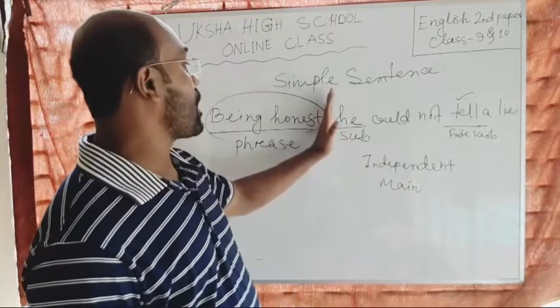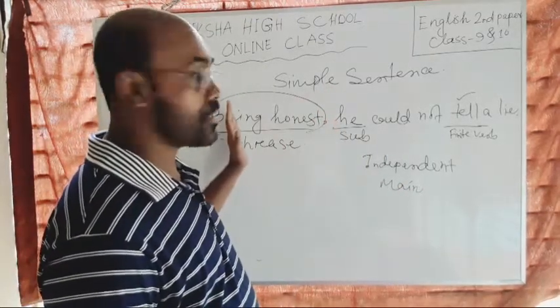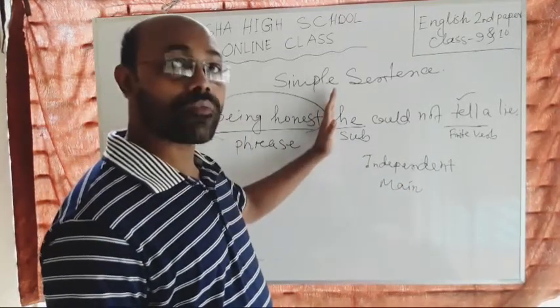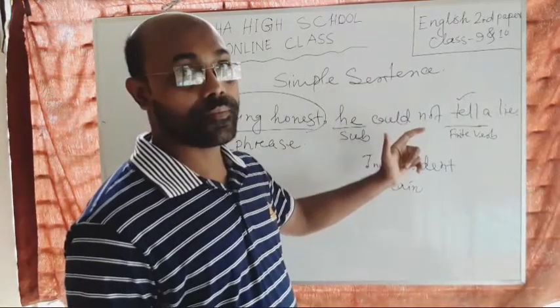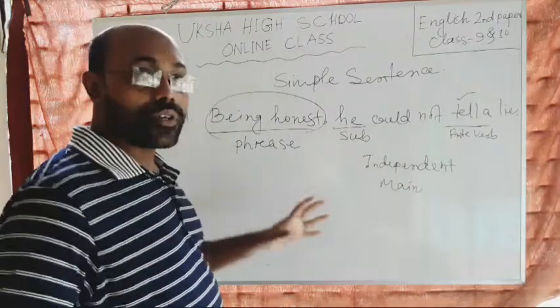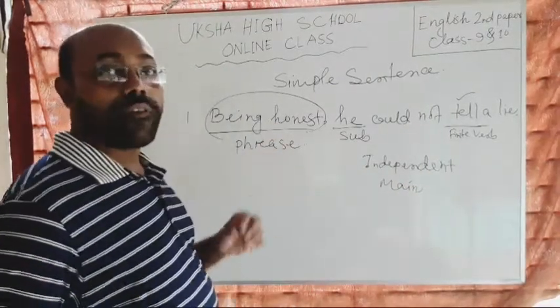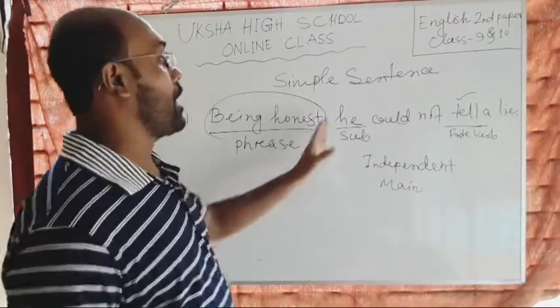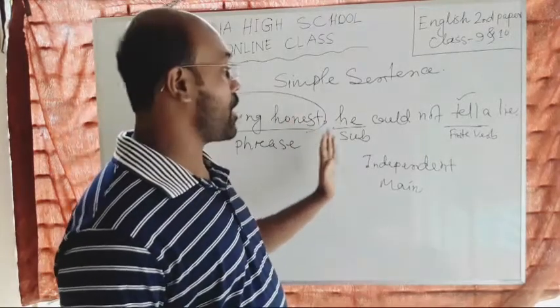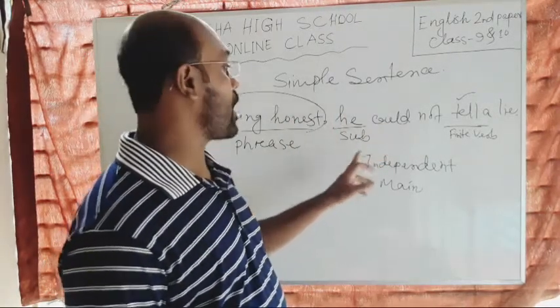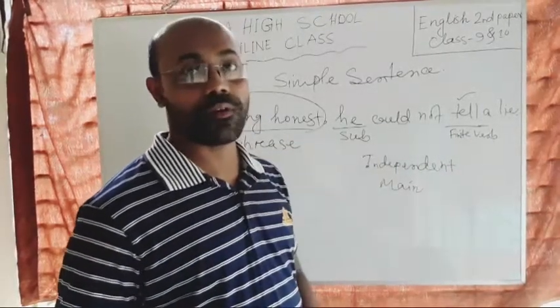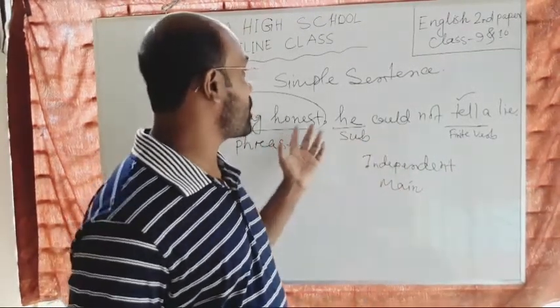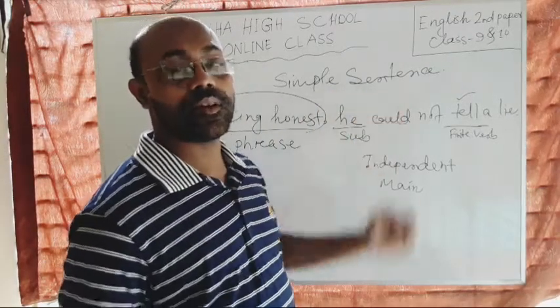If we cut this part, then we still find a meaningful sentence: he could not tell a lie. So dear students, if we find a phrase in one part and a subject and a finite verb in another portion, then we can call this sentence a simple sentence.